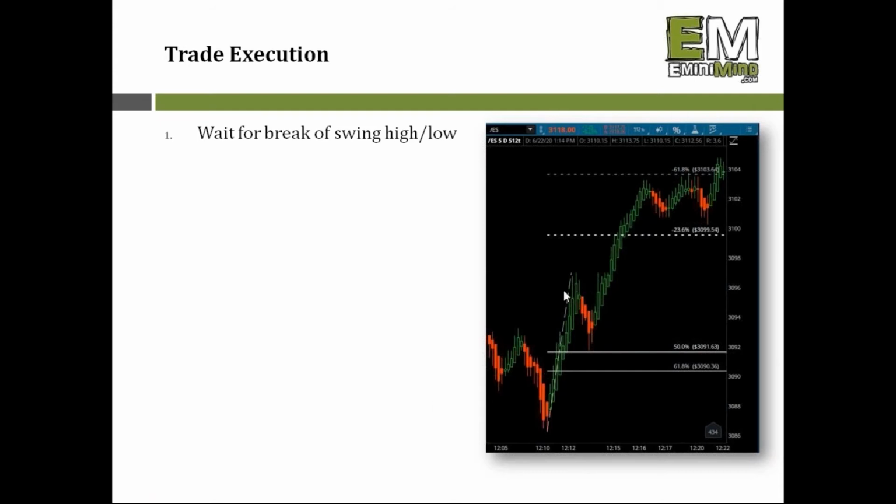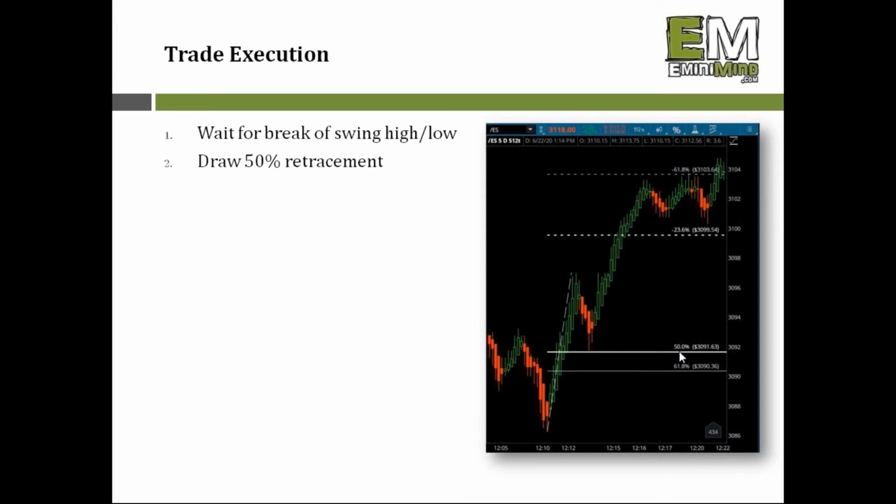So waiting for that swing high or swing low to break is step one, and then drawing up the 50%. A lot of the times when you first draw up a Fibonacci retracement tool, you have a whole bunch of lines. You can typically go into the properties or the edit settings and get rid of all the other drawings to clean up your chart.